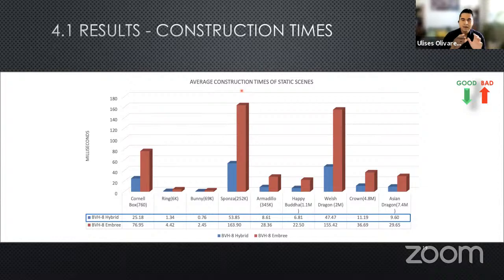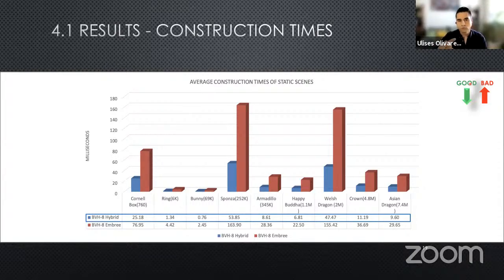What we're obtaining here are lower construction times, which is actually really good. If we have lower construction times, it's good because we have to rebuild an acceleration structure every time in the case that we're using dynamic scenes. In the case of static scenes, we're not rebuilding this acceleration structure on every frame.